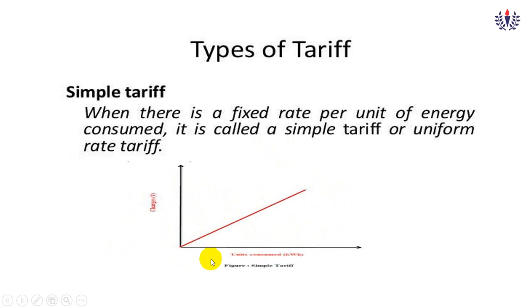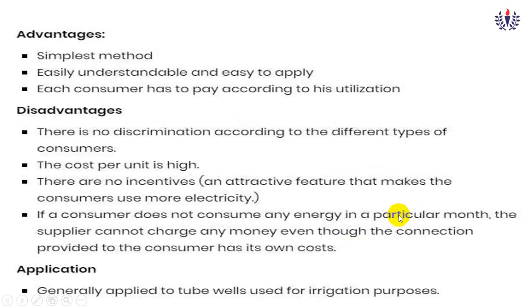As you increase the kilowatt hours of energy consumed, the charges increase linearly. The consumption of electrical energy at the consumer is recorded by an energy meter. Based on the energy meter reading only, we impose the bill on the consumer. This is the simplest of all tariffs, and it is readily understood by all consumers. There is no complication. It is linear.